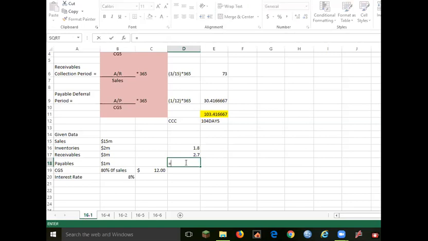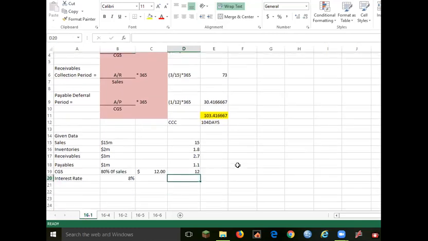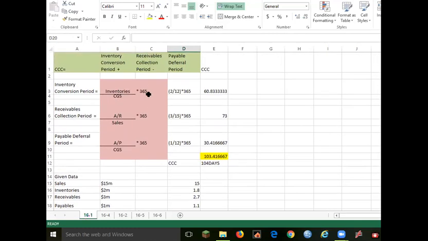So 1 plus 10% of 1, so payables would be 1.1 million. And they have mentioned that sales and cost of goods sold remain constant. So we are going to solve the cash conversion cycle again.